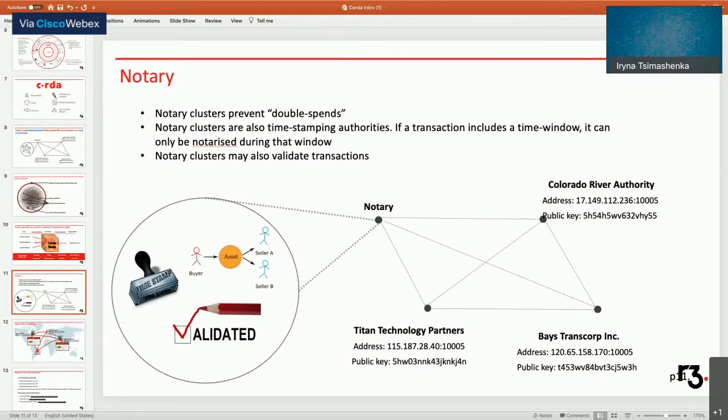So I'll just take a second here to expand this into a practical sense, because the notary system is actually one of the best benefits of going with a permissioned private network, which is Corda.